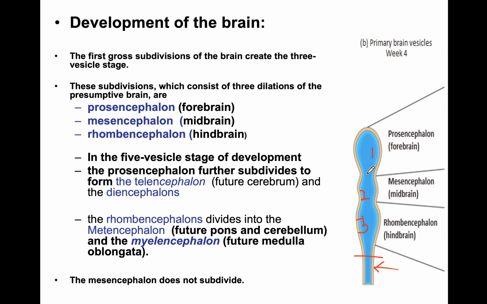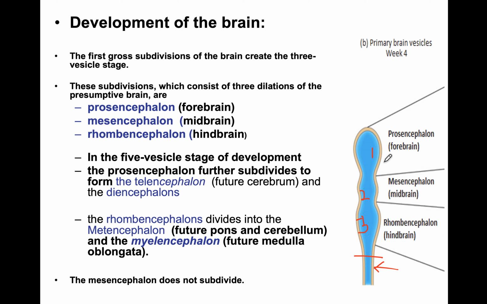Number 1 is called prosencephalon. The second one is the mesencephalon, and the last one is the rhomboencephalon. The prosencephalon will develop the forebrain, the first part of the cranial portion of the brain, and the mesencephalon will develop the mid portion of the brain, and finally the rhomboencephalon will result in the formation of the hindbrain.